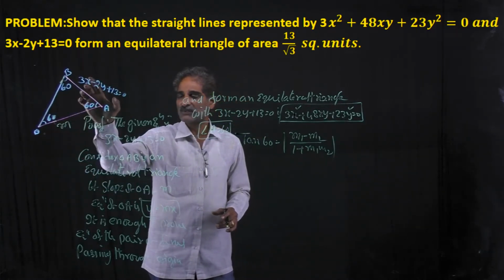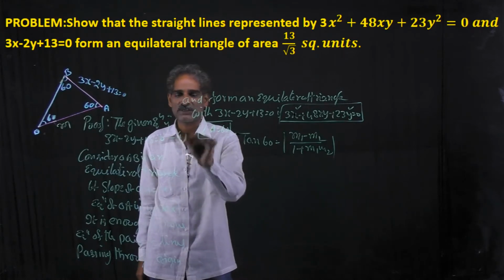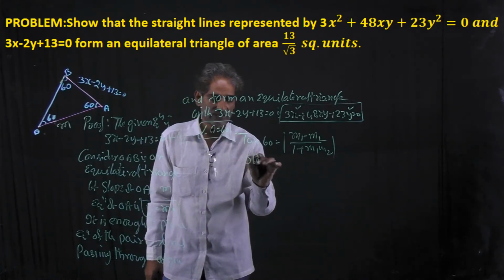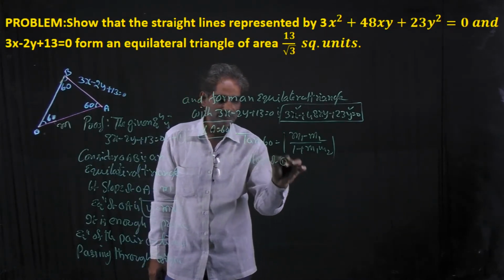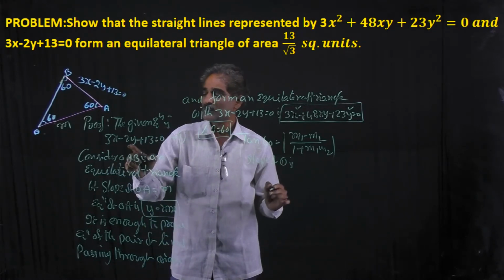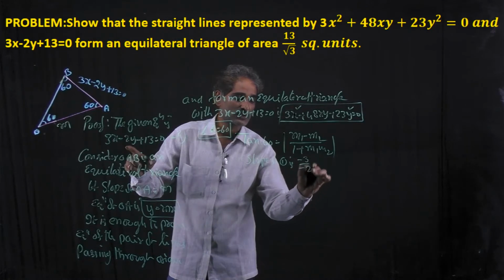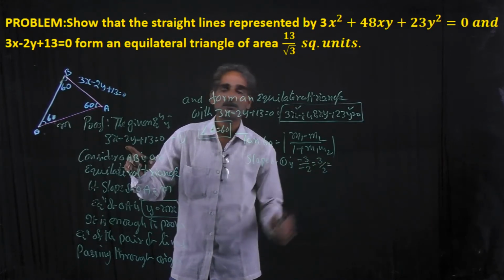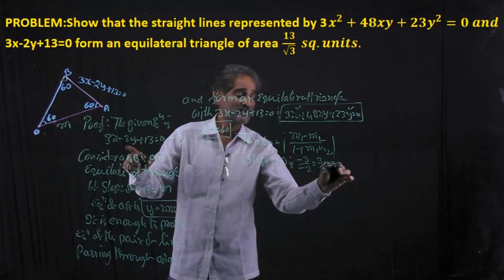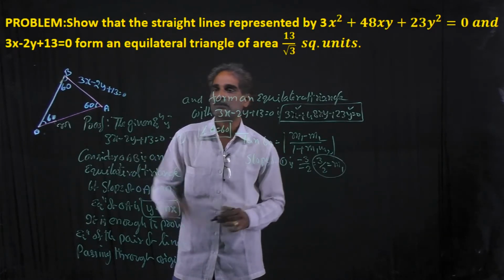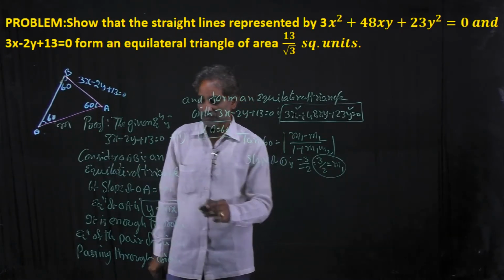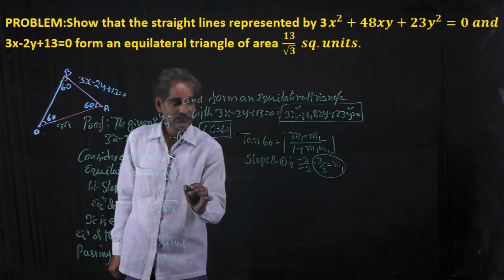Now the slope of this line is equal to m. Find out the slope of this line. Let us say this is equation 1. Slope of 1 is minus x coefficient by y coefficient, that means minus 3 by minus 2, that is equal to 3 by 2. Let it be m1. And the slope of y equal to mx, let it be m2.